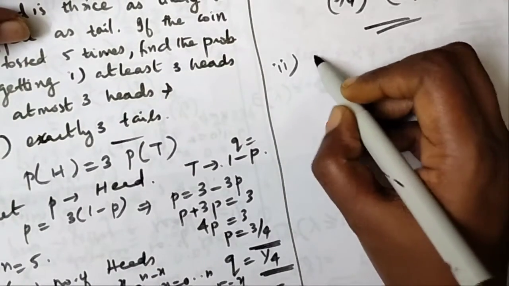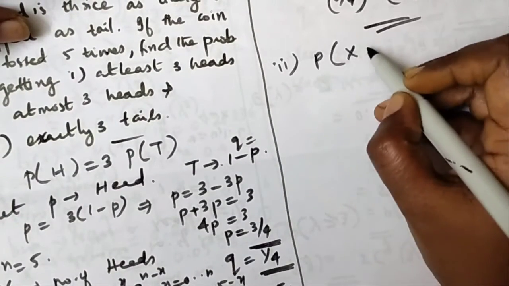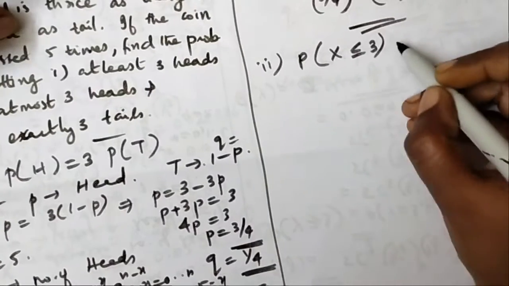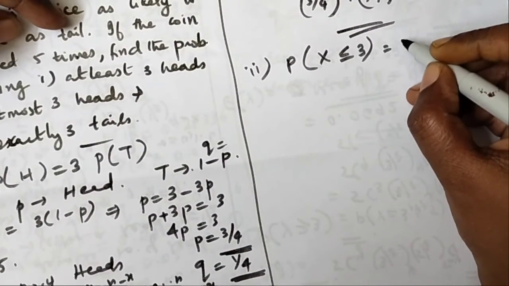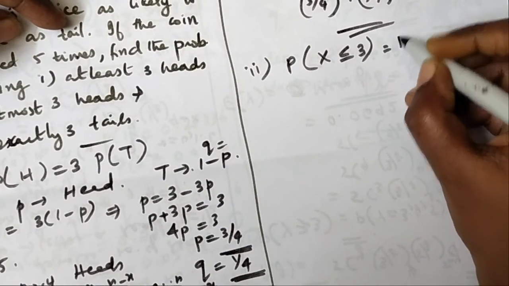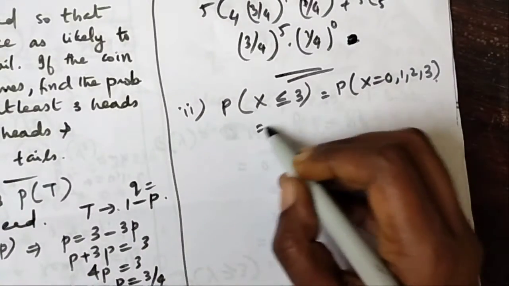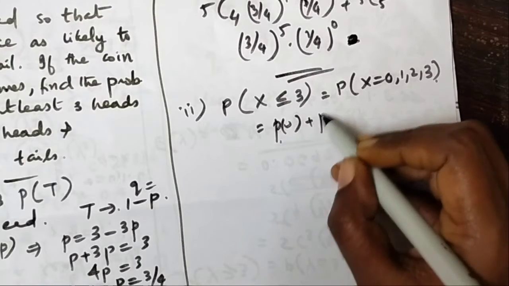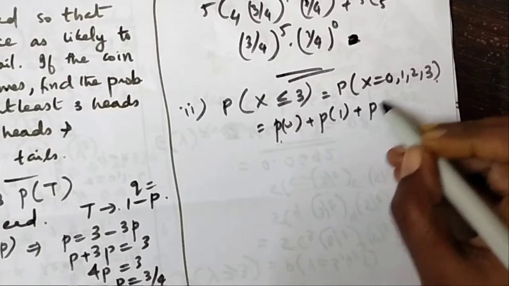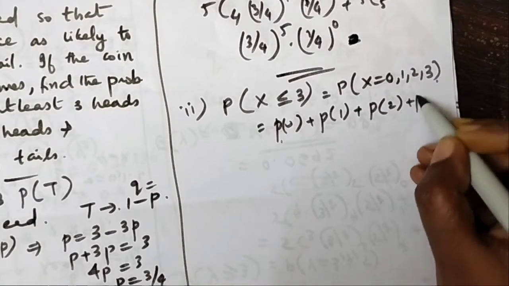Second one is at most 3 heads. So X is less than or equal to 3. So it is P of x equal to 0, 1, 2, 3. Okay. So it is P of 0 plus P of 1 plus P of 2 plus P of 3.